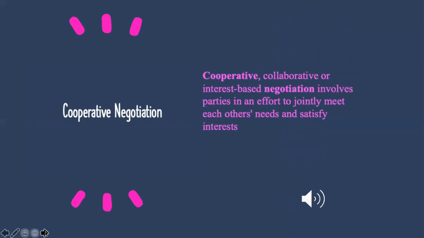When we talk about being cooperative, we're looking to collaborate specifically with an interest-based negotiation that will affect both parties in an effort to jointly meet and satisfy mutual interests. This style should focus on attacking the problem posed by negotiation, not on attacking each other.